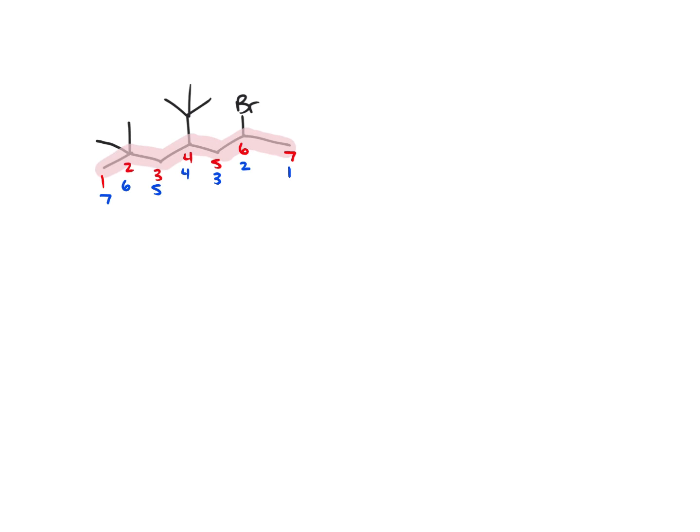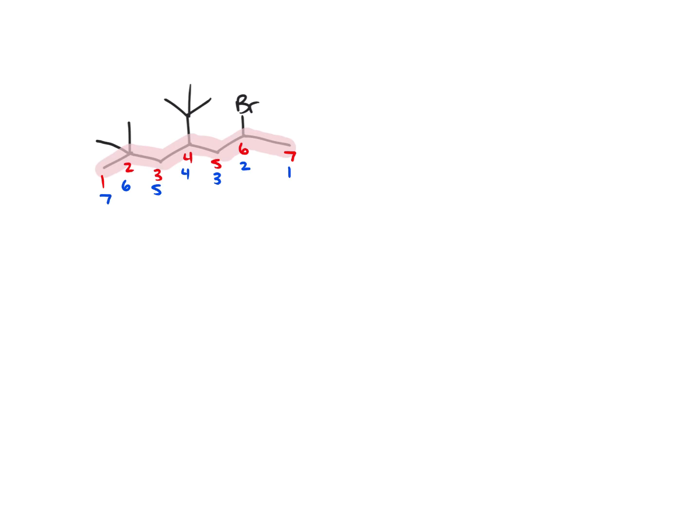A common misconception is for people to say, oh, well, halogen must be more important, so let's give it the priority. You do not care at all about the identity of the group ever. Your first goal is lowest numbering. Only when you come to an unbreakable tie, then you go to alphabetical priority, but not identity.